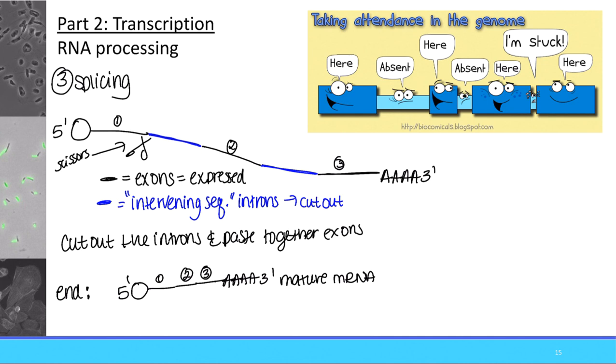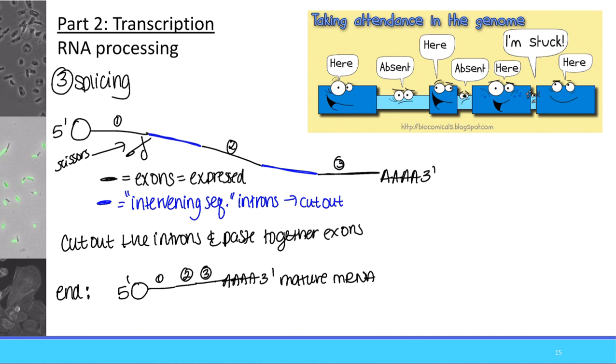So this same mRNA could have yielded a protein that only had exon 1, or a protein that only had exon 2, or a protein that only had exon 3, or you could mix and match any of the exons that are there. And so what this allows us to do is to have one gene, but have many different proteins that come from it.